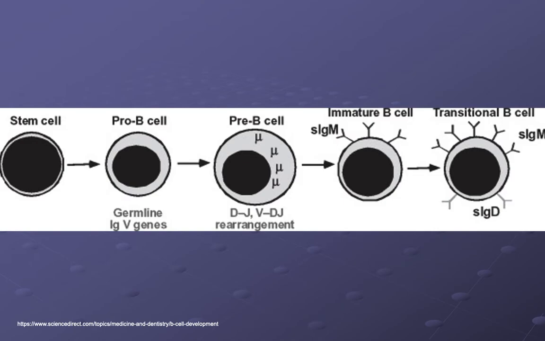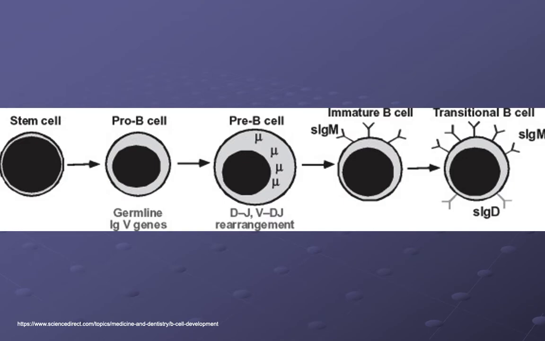B cells arise from pluripotent stem cells, similar with T cells. When we are still developing, the progenitors of the hematopoietic stem cells are initially produced in the fetal liver. Then eventually, as we mature, it's the bone marrow that takes over the production function.